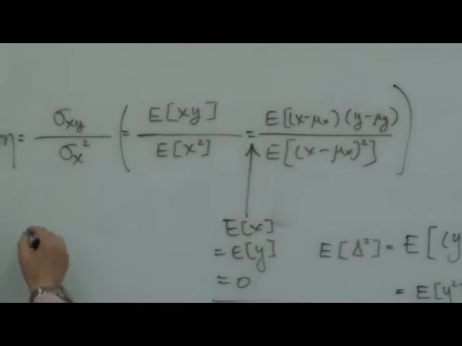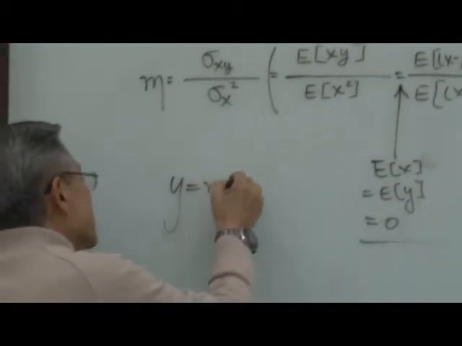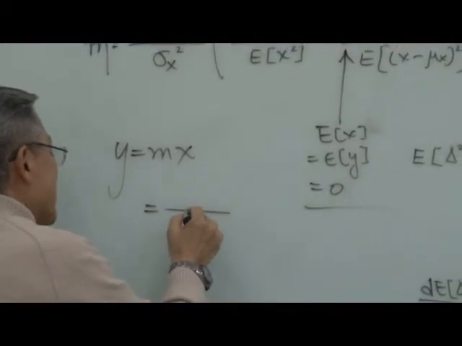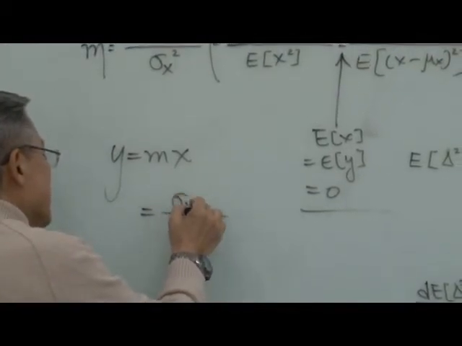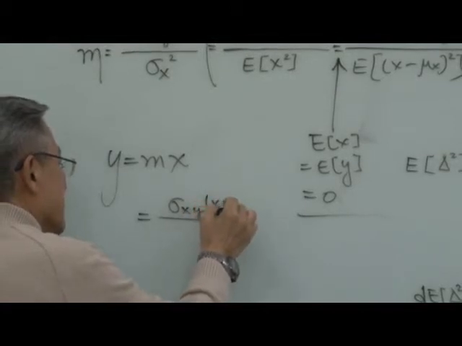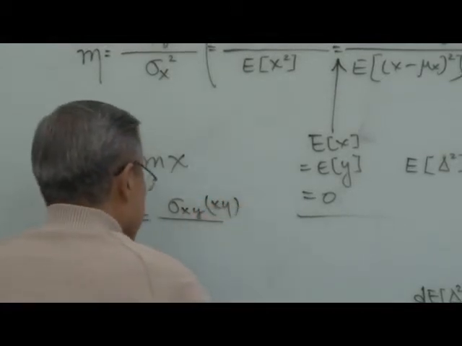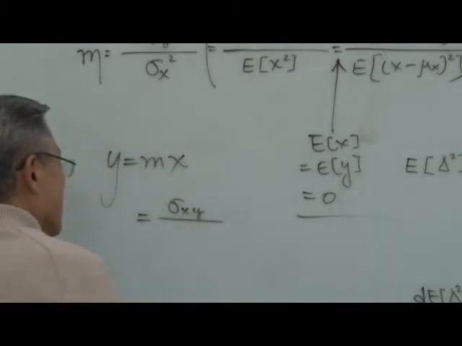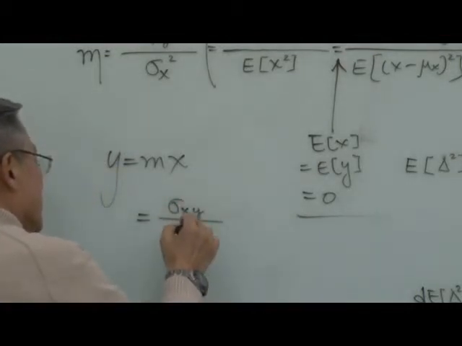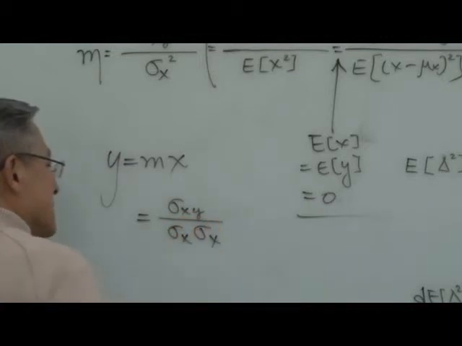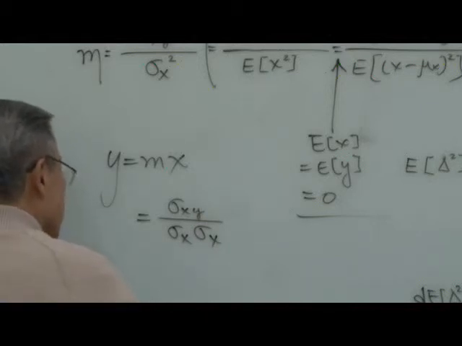So the linear relationship is m x equal to sigma xy. Oh, I'm sorry, I don't have to write this. Sigma x I can split into two.